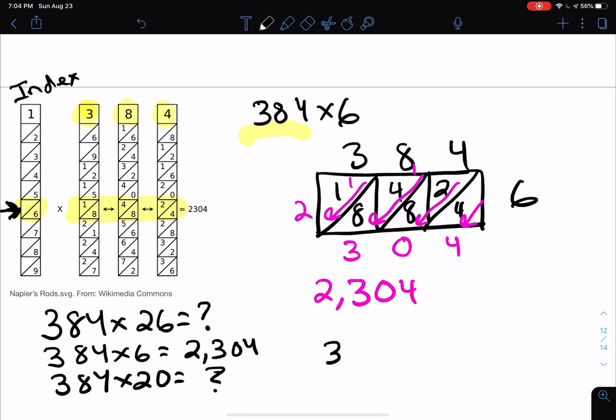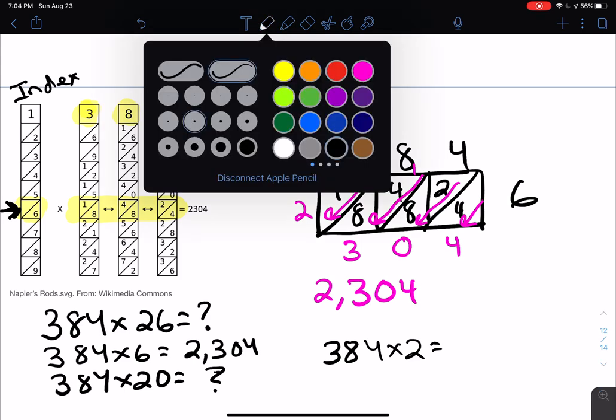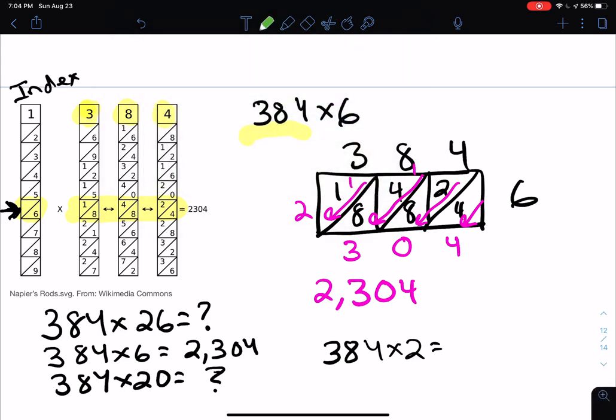Well, first do 384 times 2. So you can go up there, and I can't select a different color for my highlighter, but let me maybe use green. And you can go up to the 2. And you can focus in on that row.